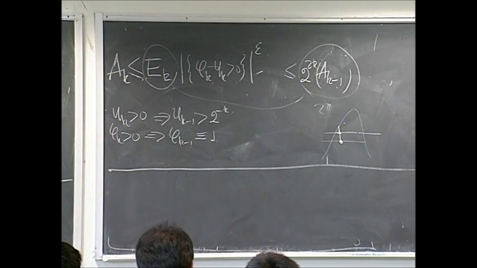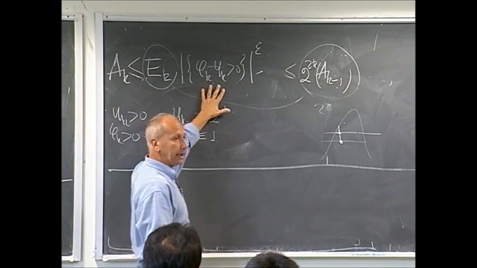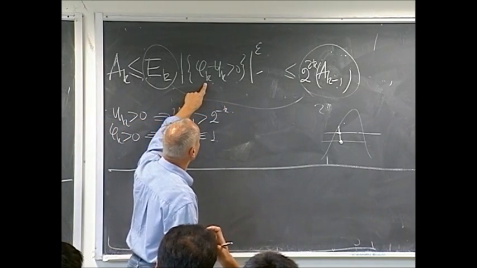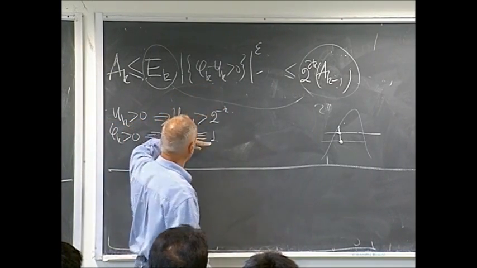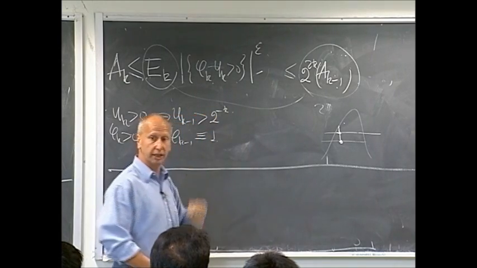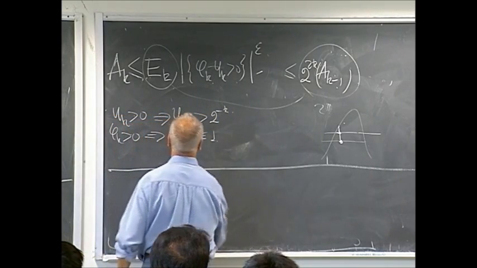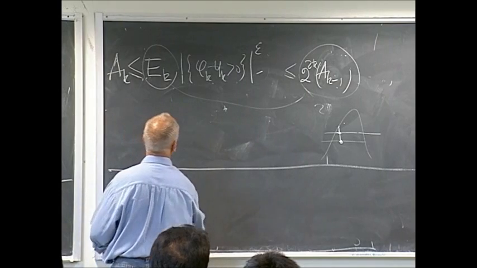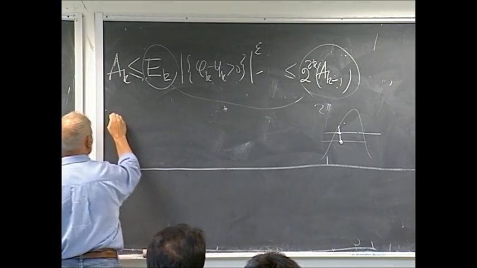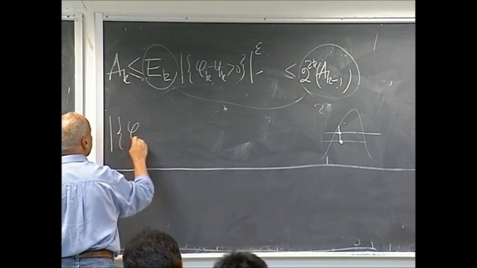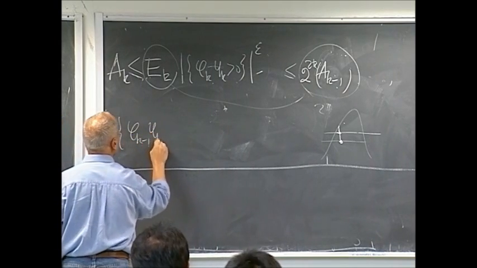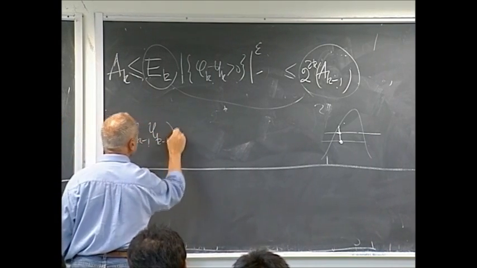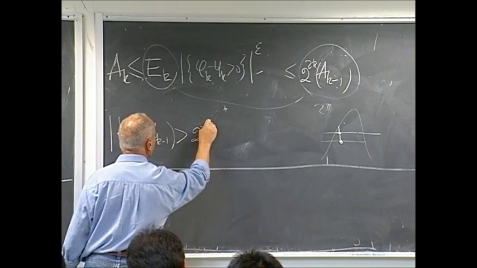Okay? Which means that this set is contained in the set where phi_{k-1} u_{k-1} is bigger than 2 to the minus k. Okay? So let me erase it, and I have that here. I can replace that by the set where phi_{k-1} u_{k-1} is bigger than 2 to the minus k.